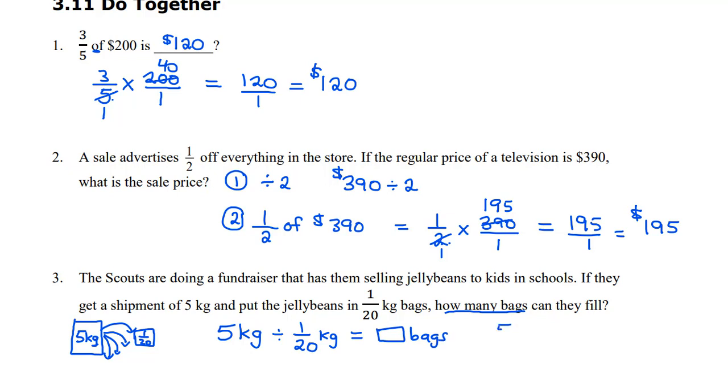So we take 5 over 1 divided by 1/20, which we know we need to keep, change, and flip. So this becomes 5 over 1 times the reciprocal, which is 20 over 1. And 5 times 20 is 100. So we will have 100 bags from this 5 kilogram shipment.